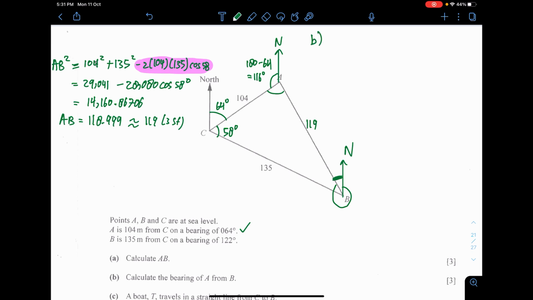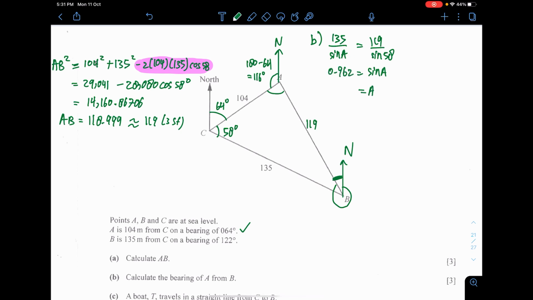I'm going to do the sine rule. 135 over sine A equals 119 over sine 58. Cross multiply, I'll get 135 multiplied by sine 58, divided by 119.